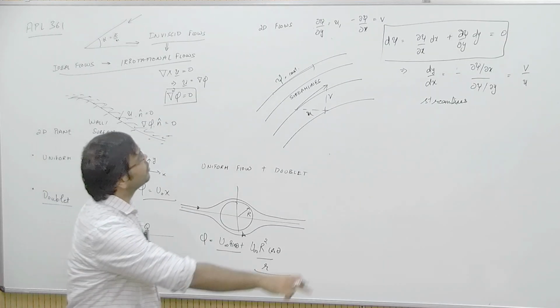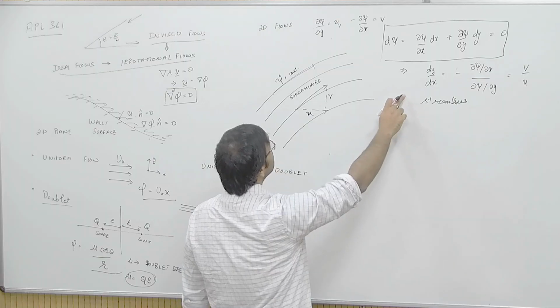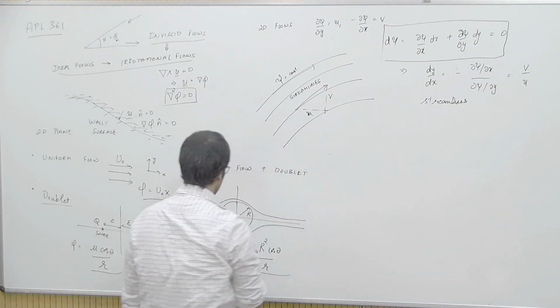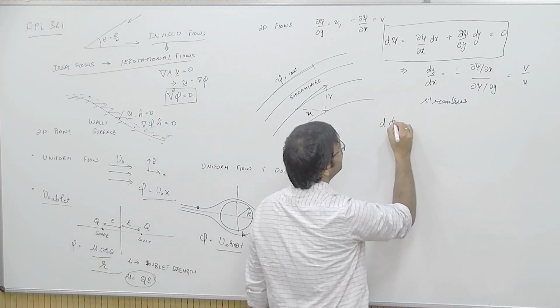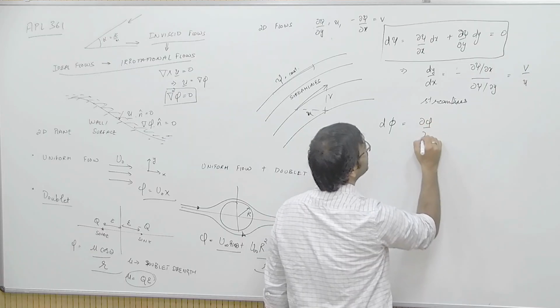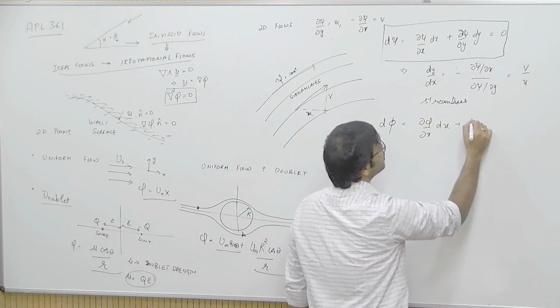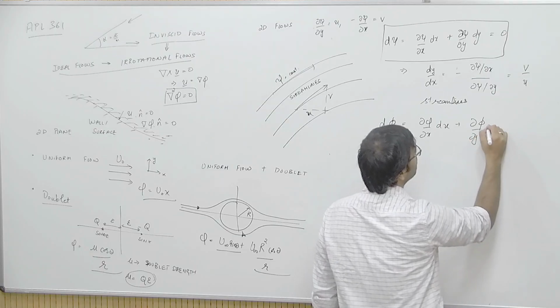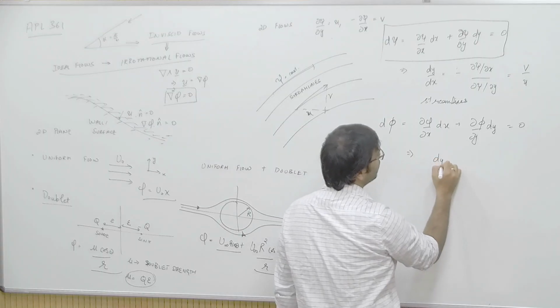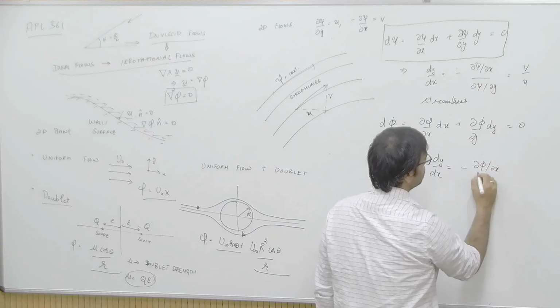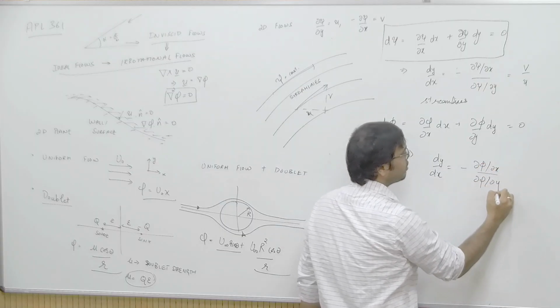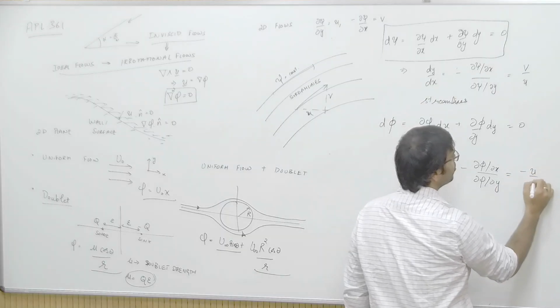Now, for a moment let us consider the curves which have the velocity potential constant. On those curves you will have d phi, which is del phi over del x dx plus del phi over del y dy, and that will be 0. That means on those curves you will have dy by dx as minus del phi by del x over del phi by del y, which by definition is minus u by v.